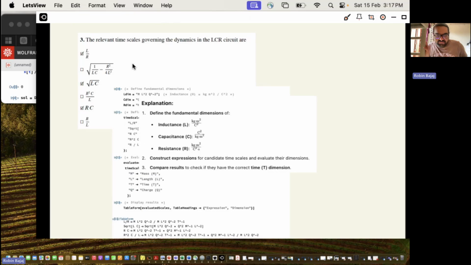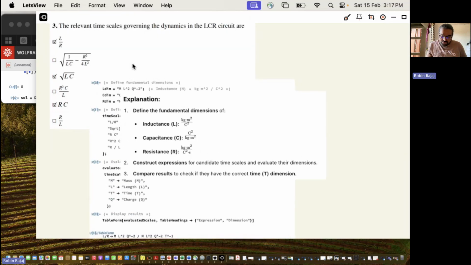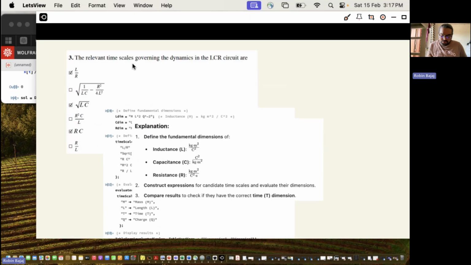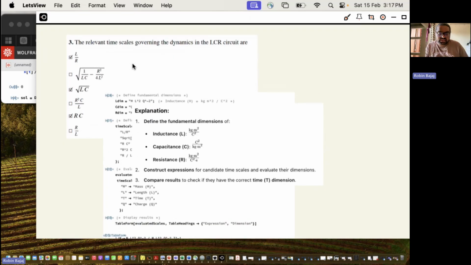How would you code it up in Mathematica? Before we start, this problem governs the dynamics in an LCR circuit. If you remember writing the differential equation of the LCR circuit, you would see there are lots of time scales involved in that. These are combinations of L and R and C, L and C. So basically these different types of time scales are there in your problem.